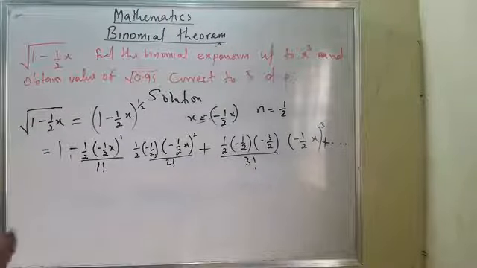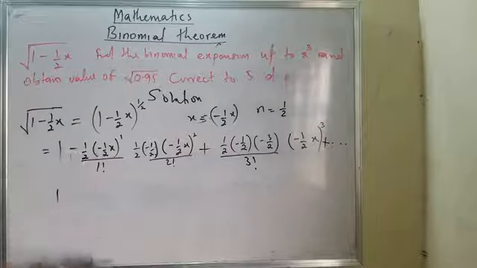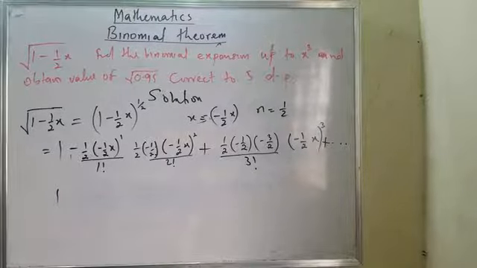It means at this point I'll be having 1, I'll be having this and that, which is minus 1 and also 4, 4. That is going to be 4. That is going to be 1.